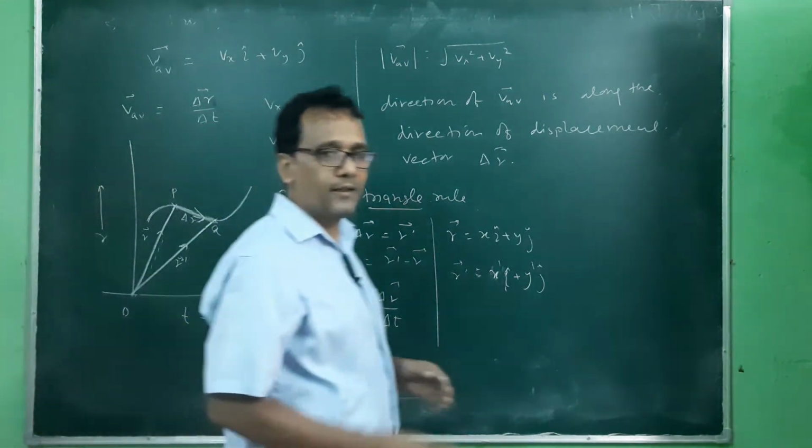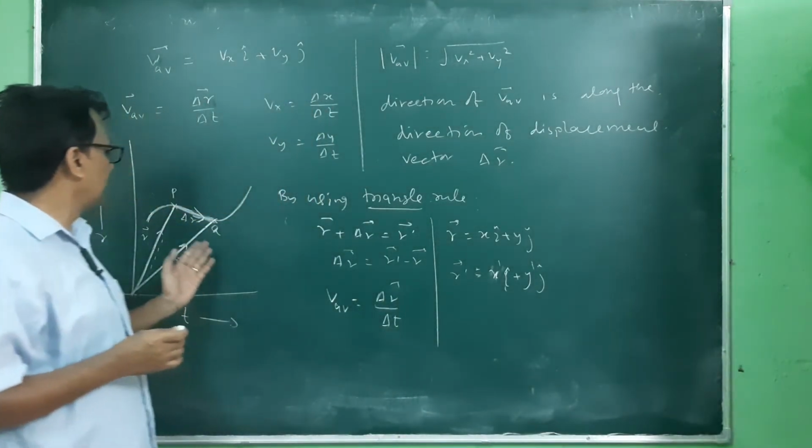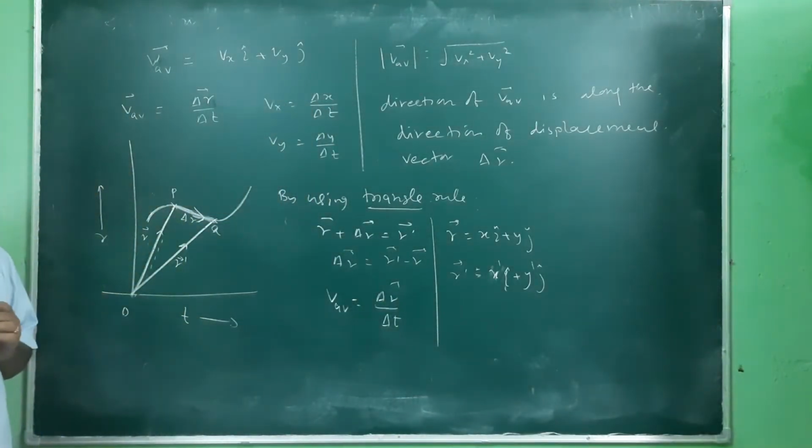The direction of that delta r is the direction of the velocity. Now the second part we have completed, that is instantaneous velocity.